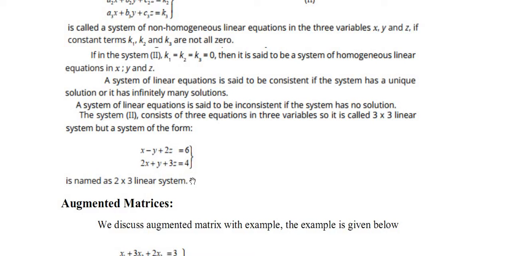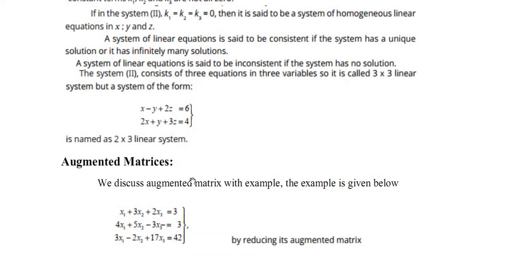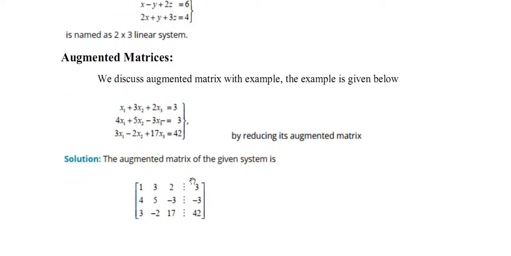Now we are going to discuss the definition of augmented matrix. For example, we have a system of three equations with x1, x2 and x3 unknown, and 3, 3, 42 are constant values which are not equal to 0.